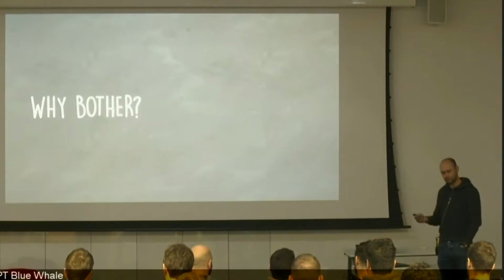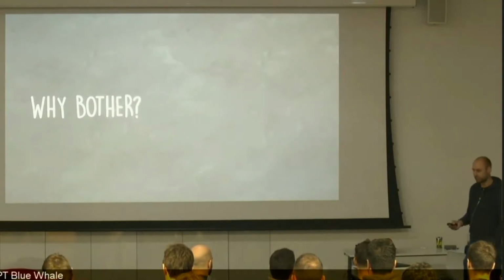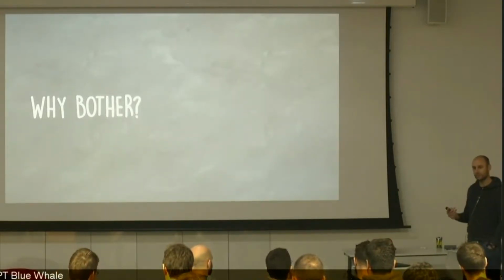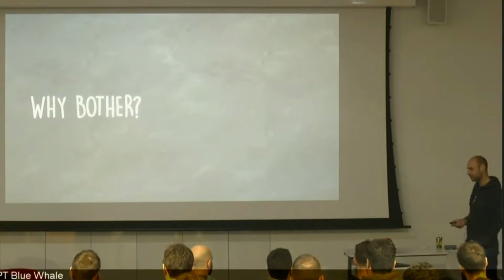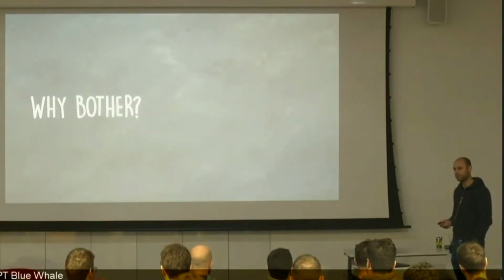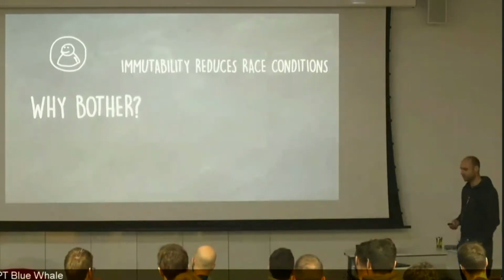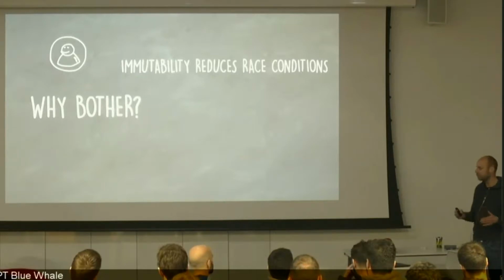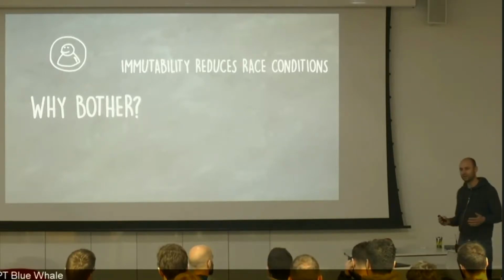Why should we bother? There's performance issues sometimes when you're using these immutable objects. You need to think differently when you're developing in this kind of fashion. Why should we bother programming functionally? There's some advantages, of course, right? Immutability reduces race conditions when you're programming in a multi-threaded way or multi-processing.